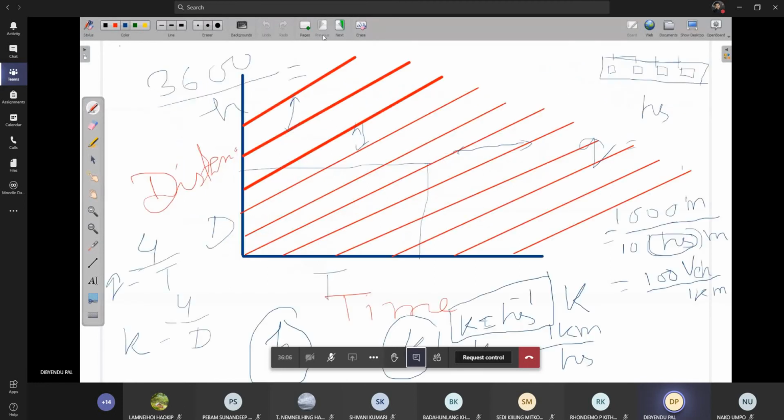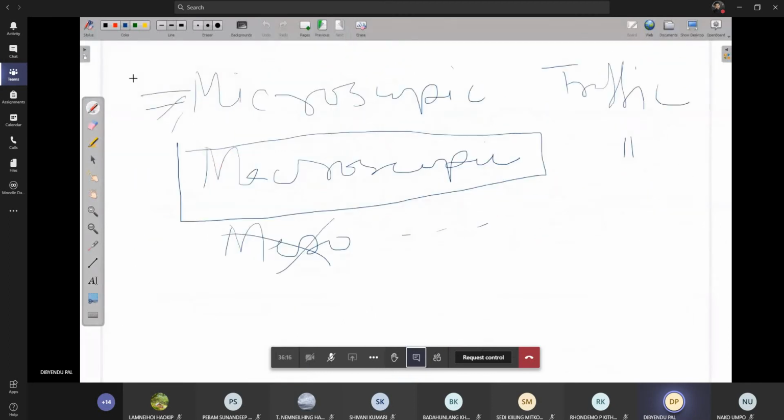Now, in this case, we can find out the speed of individual vehicles. Every vehicle's speed we can easily find out. So the speed of individual vehicles are microscopic characteristics of the traffic stream. But once you find out the average speed, maybe space mean speed or time mean speed, then these are macroscopic traffic characteristics, because you are calculating the average speed for the overall traffic stream, not for individual vehicles.